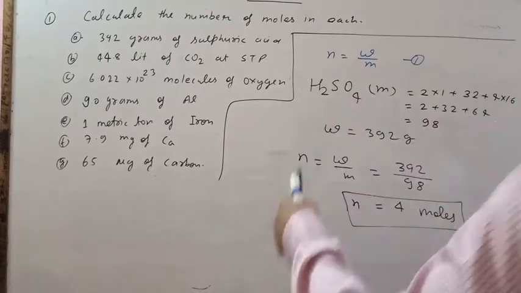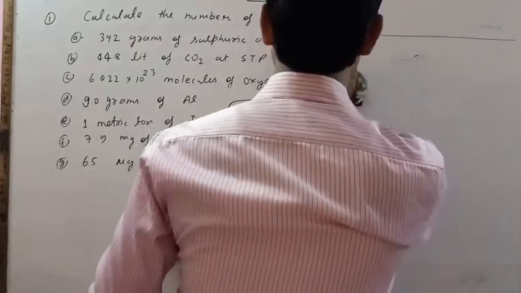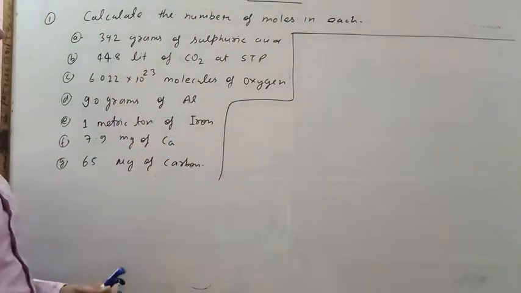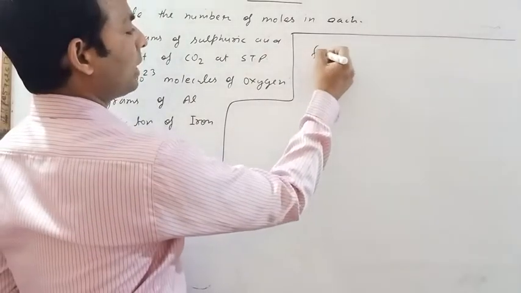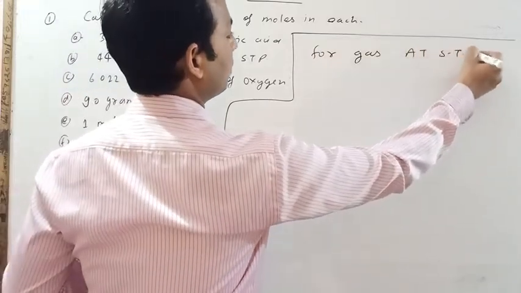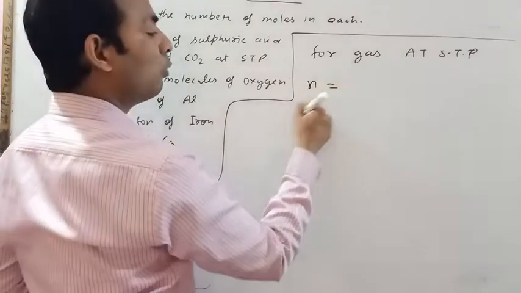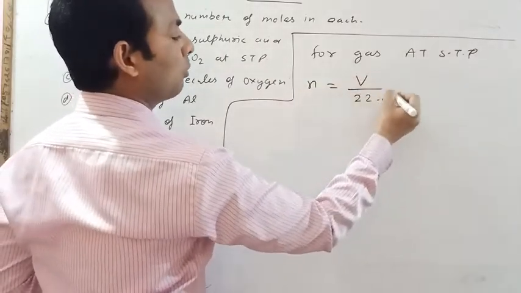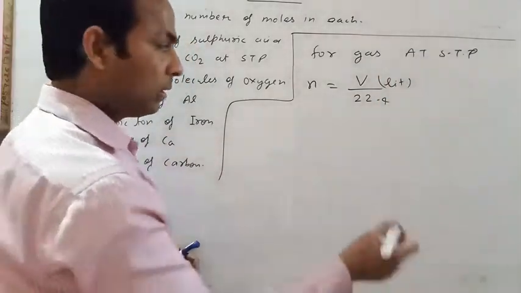Okay, now the second question. Look here, what I have given: 44.8 liters of carbon dioxide at STP. I just told you, for a gas at STP, standard temperature pressure, the total number of moles equals volume upon 22.4. This volume is taken in liters or decimeter cube.